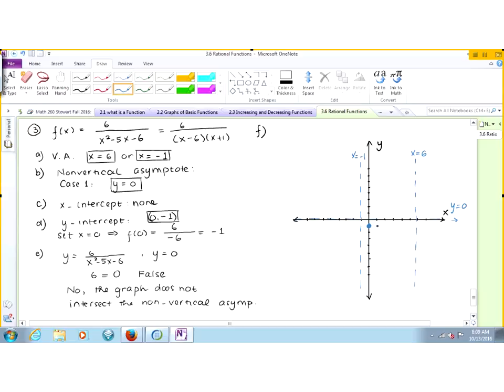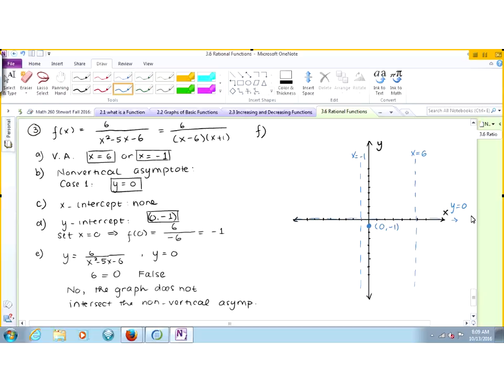All right. So how do you think this graph will look? You could choose points, but we don't need to, I don't think. So I have a point here, 0, comma, negative 1. Can you tell me how the graph will look? Does it start up here or down here?